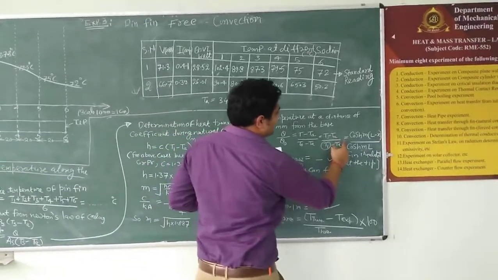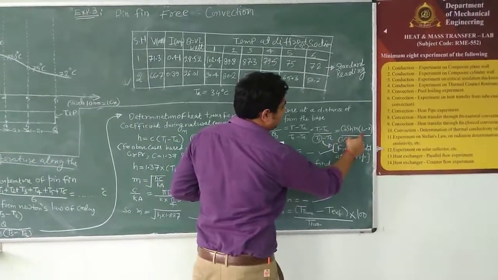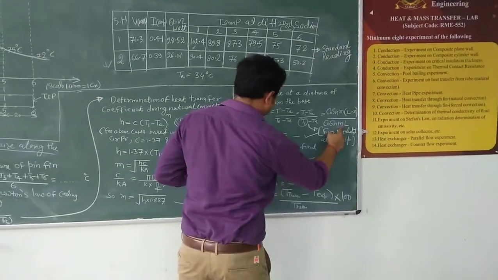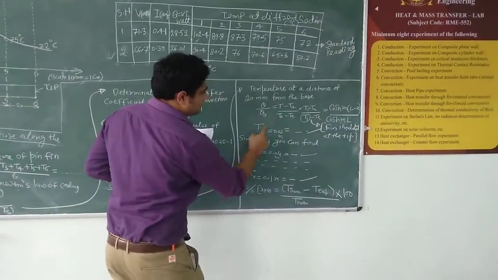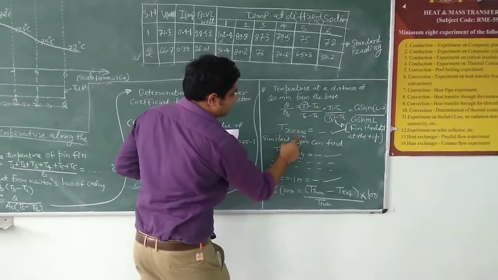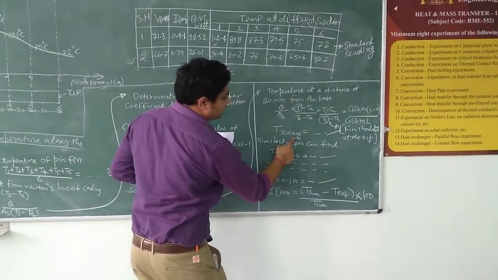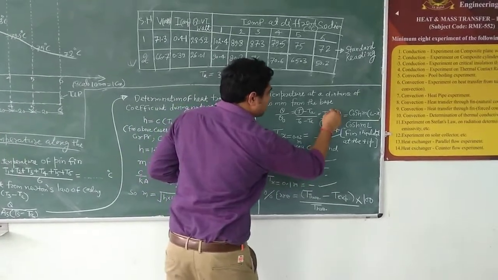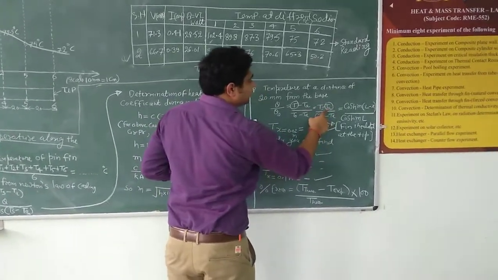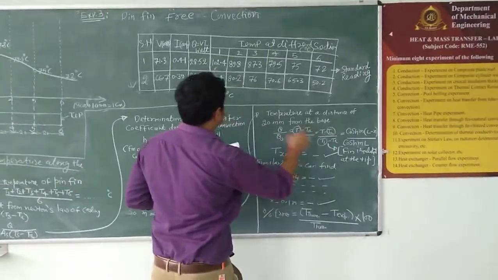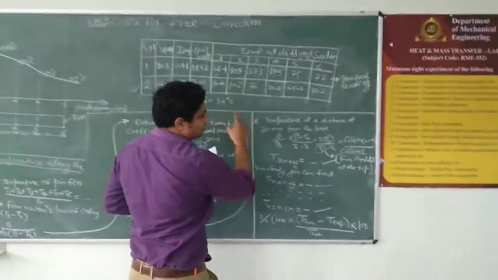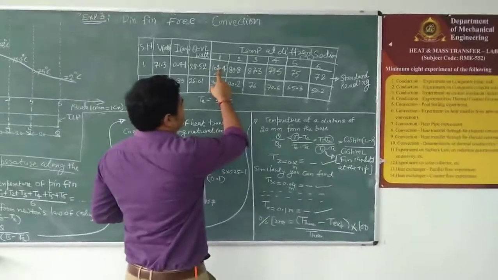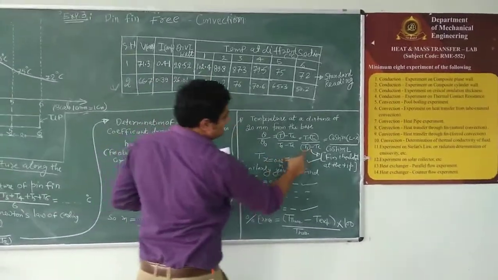That is equal to cosh m(L minus x) upon cosh mL. So you can find the temperature at a distance of 20 mm, that is 0.02 meter, since the ambient air temperature is known to be 34 degrees Celsius, and T1 you already find from the table.